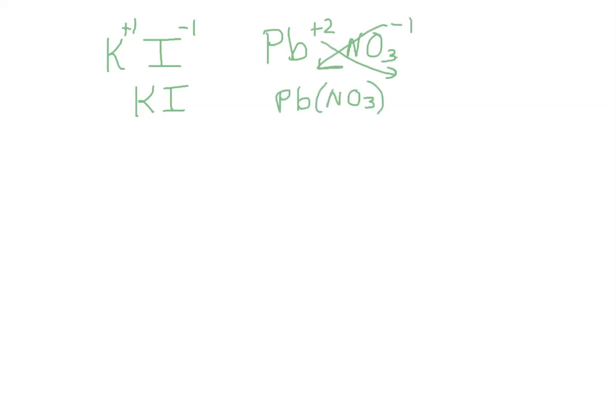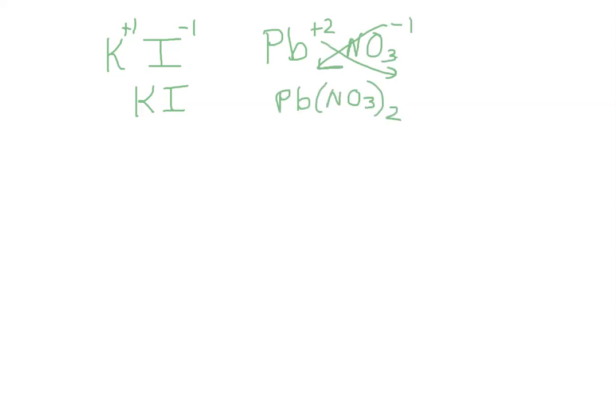And then we have lead, +2. And we have nitrate. Oh, that was bad. Let me make my N a little better. And we have nitrate, and the charge for that is -1. So when we do this, that becomes lead nitrate, like that.